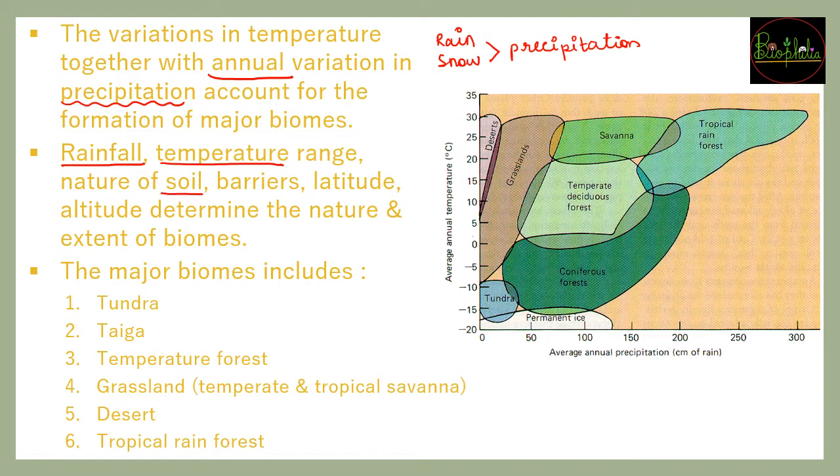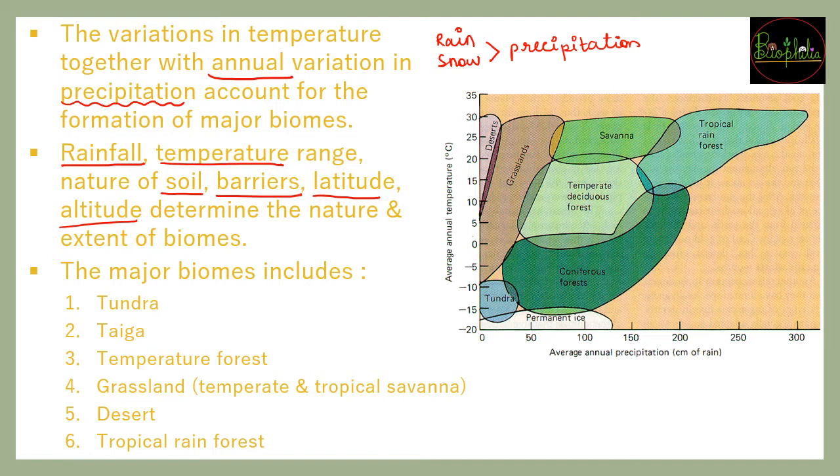What sort of soil does it have, whether it has dry soil, clay soil, or what sort of soil, fertile है, infertile है. What are the barriers, whether it has a river or a mountain region. What is its latitude, what is its altitude, at what height it is from the sea level. So all that is going to matter to understand the nature as well as extent of the biome.